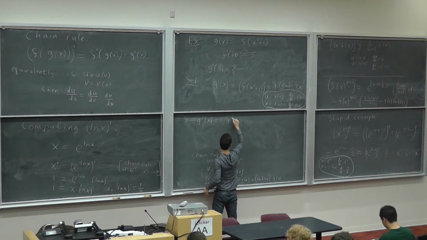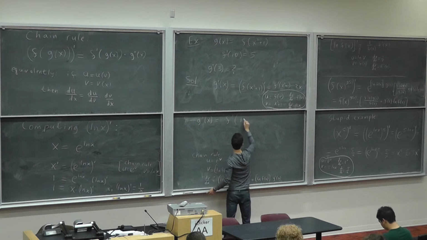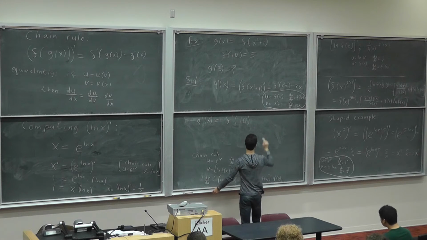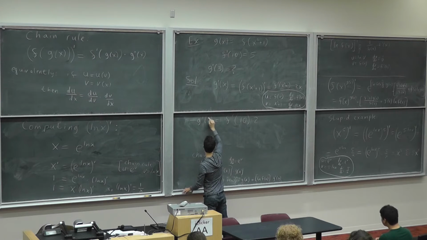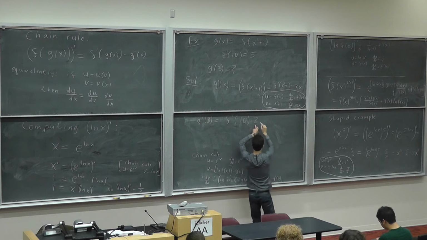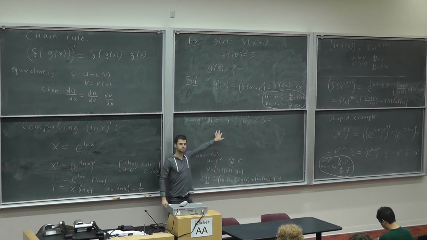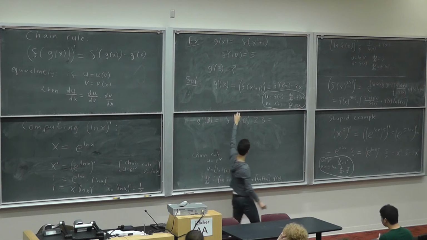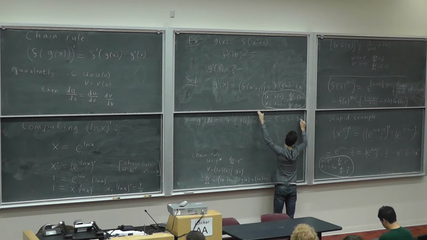So here I have f prime at the point 3 squared plus 1, which is 10, multiplied by 2, sorry, that's g prime of 3, 2 times 3. So instead of x, I plugged in 3. And now f prime of 10 is given to me, it's 5. Times 2 times 3, and the answer is 30.